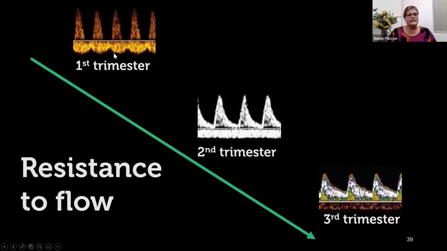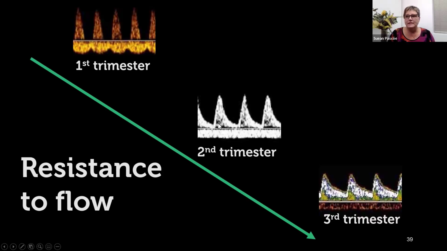Now, early in pregnancy, you have a very little fetus. The vessels are all very small, so they are high resistance. As the baby gets bigger, it requires more blood flow, so the resistance to flow decreases. So you can see in first trimester, it's very, very high resistance with no diastolic flow.